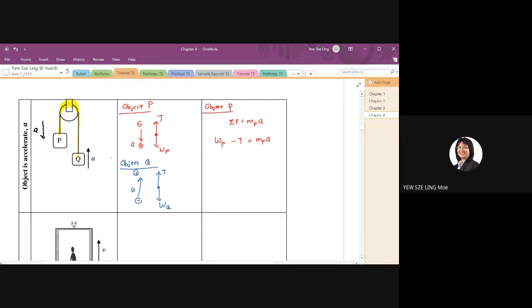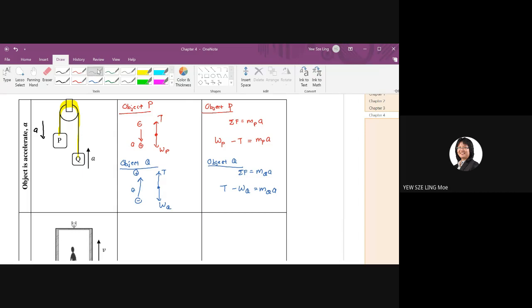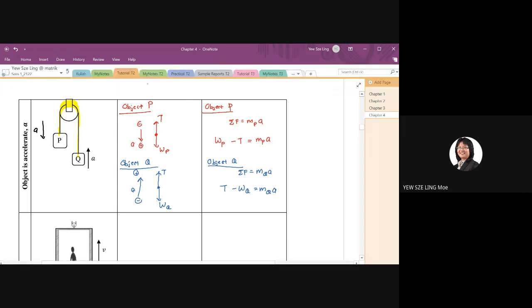But when it comes to object Q, what happened now is that summation F is still equal to MQA. But now my acceleration is going up. Therefore, for object Q it is T minus WQ equals MQA. So, so far, any questions? So far, any questions?